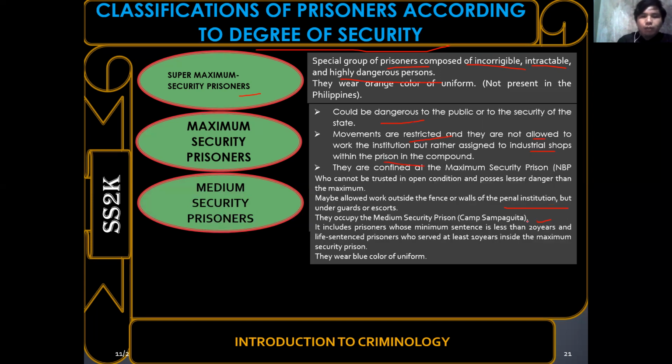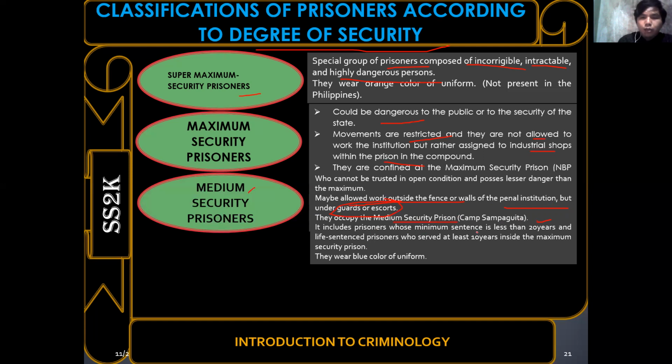Ano pa? Medium security prisoners naman. So, the medium security are allowed to work outside the fence or walls of penal institution but under guard or escort. So, pwede silang pumunta sa outside, no? The penal institution, sa mismong kulungan, no? Pwede silang magtrabaho sa bukid pero under ng supervision. They occupy the medium security prison that is in Camp Sampaguita.